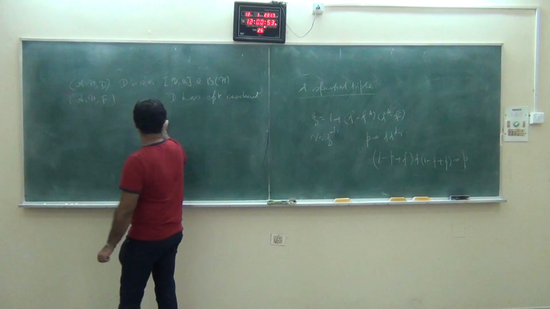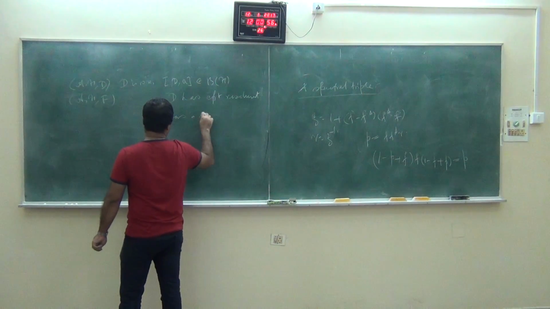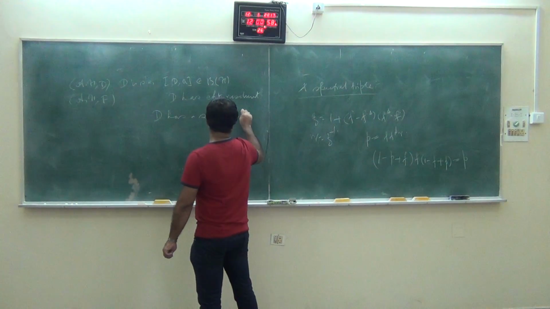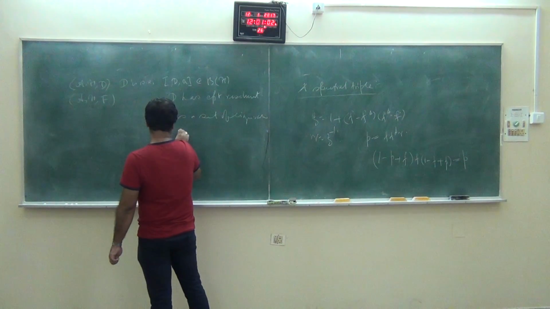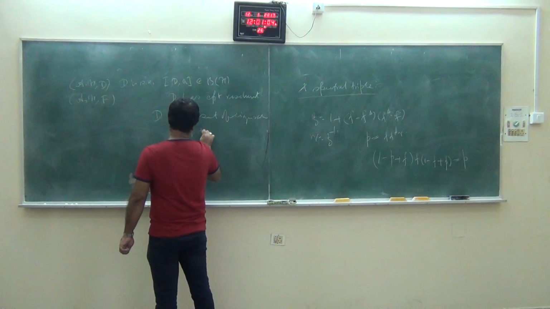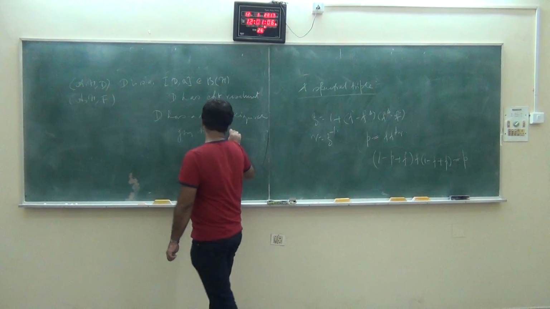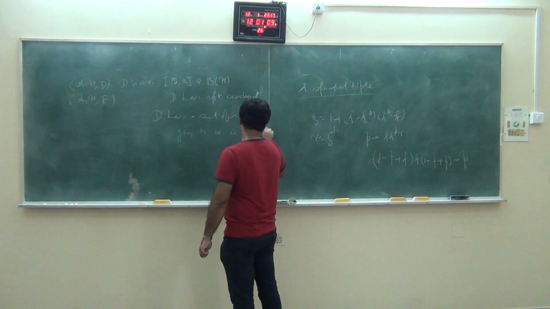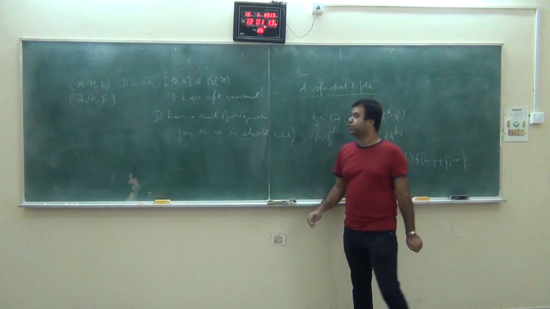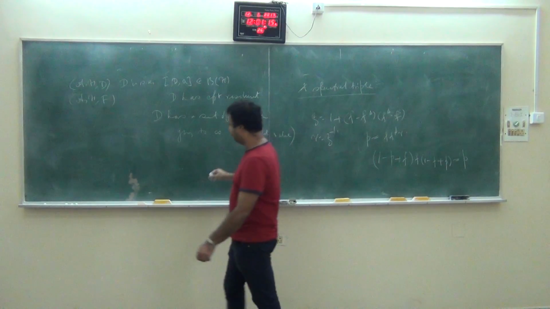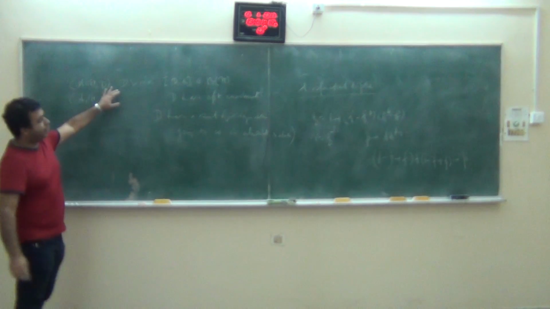That means D has a set of eigenvalues going to infinity in absolute value. That is the meaning of this.